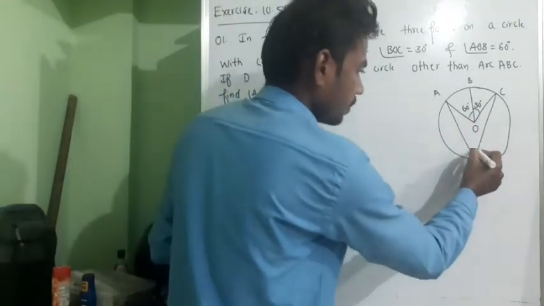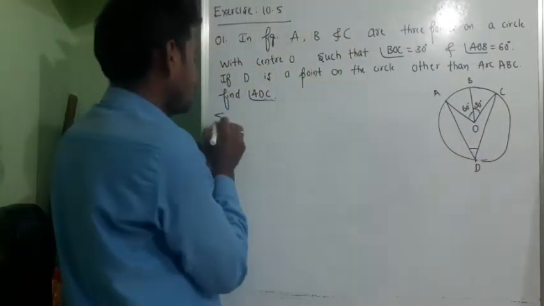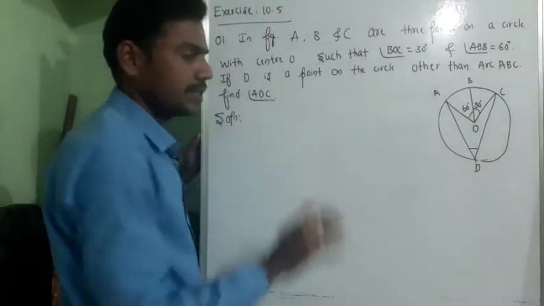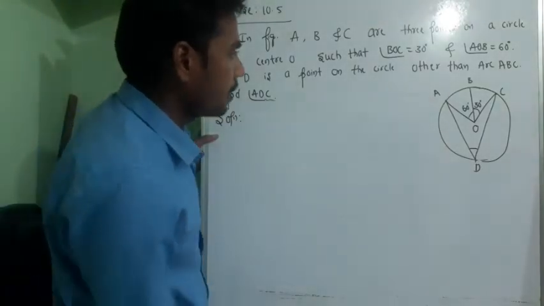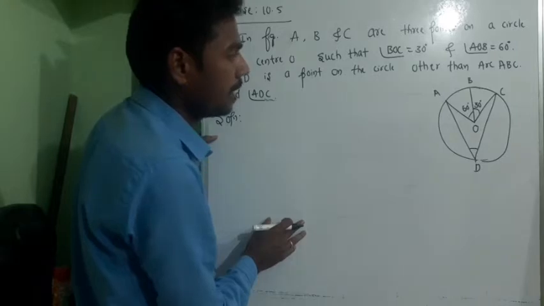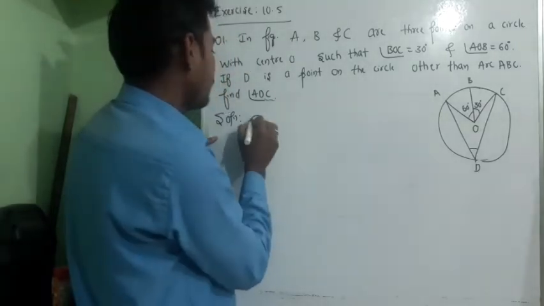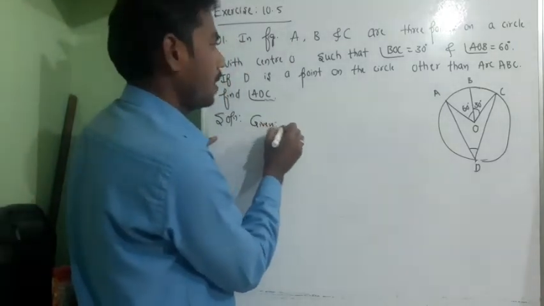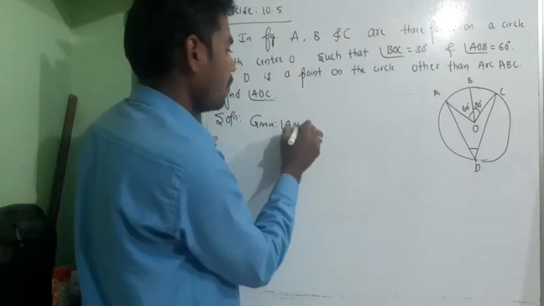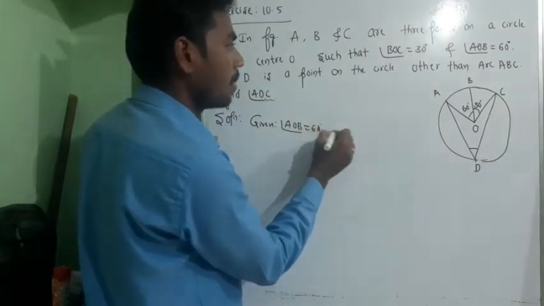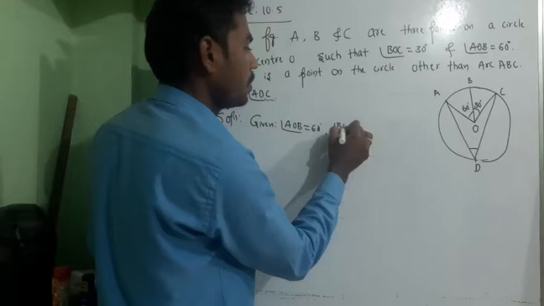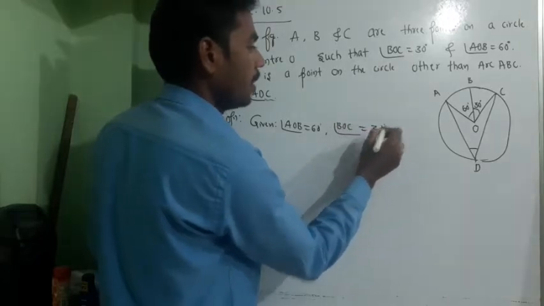See, the question is lengthy but the answer is very simple. What is given? Angle AOB is equal to 60 degrees, angle BOC is equal to 30 degrees.